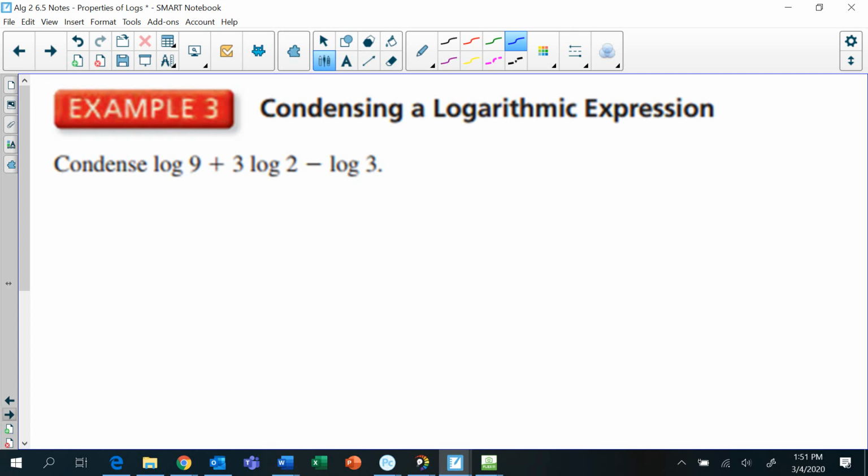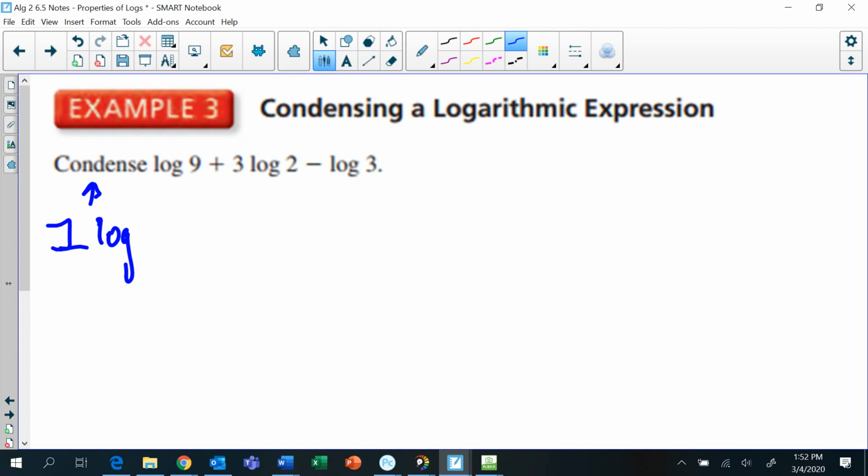I'm here. Okay, so condense is doing the opposite of what we just did. Condense is putting it back to one logarithm, so it's just one log. We're going to go in the opposite order of how we expanded.